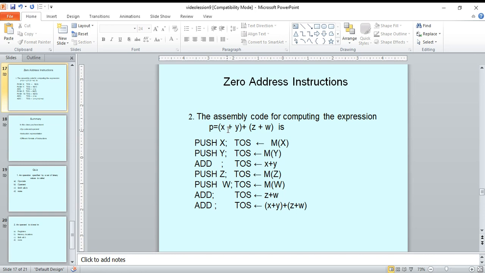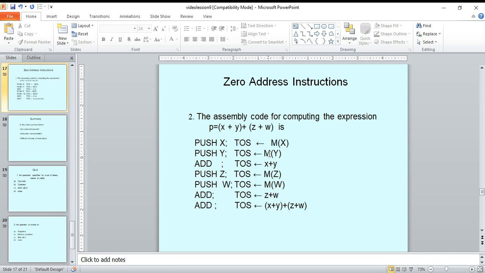To perform this addition operation we have to push these two values into the stack. PUSH X means whatever value is in location X is pushed to the top of the stack, and then PUSH Y is also placed on the top of the stack.